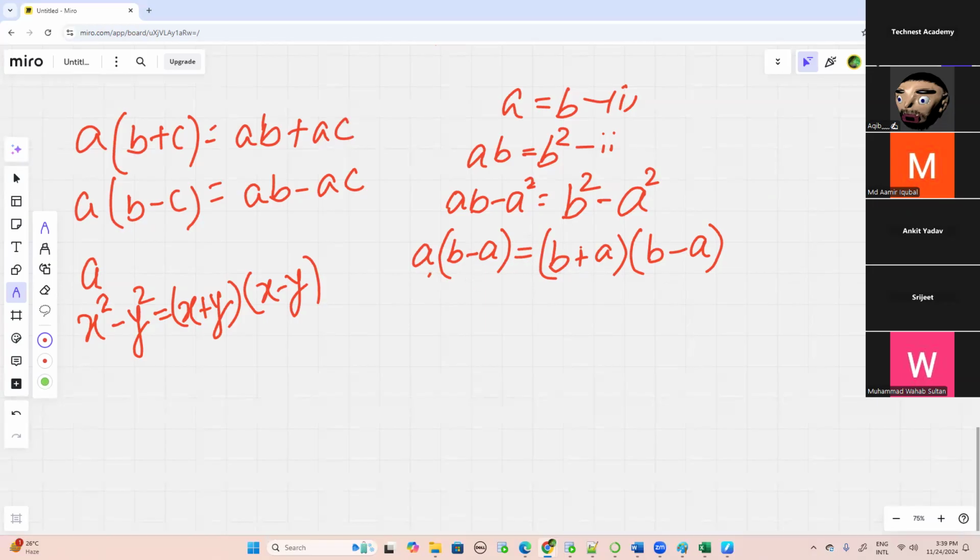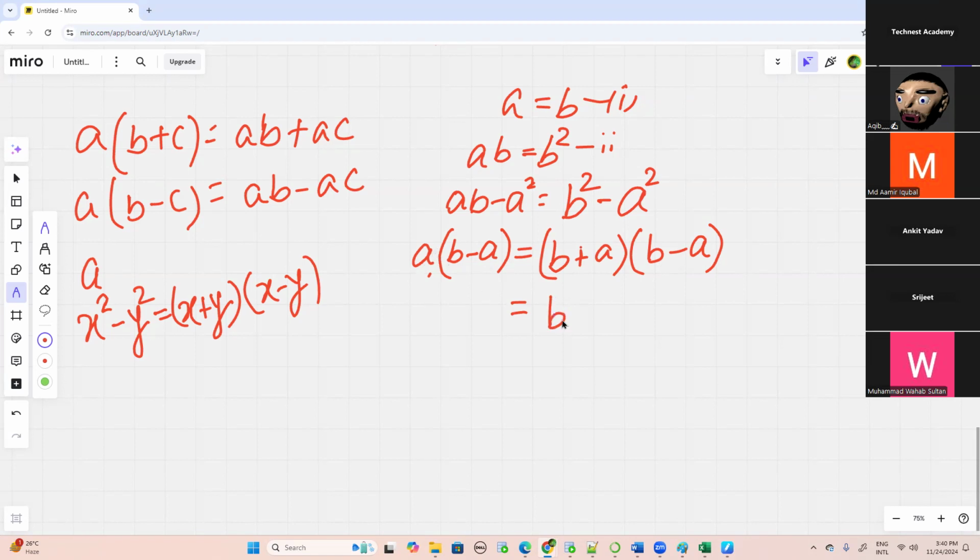Can I cancel this? If I take this B minus A to the right hand side, RHS, in which relationship will it be? Division. Why? Because it is in multiplication here, correct?